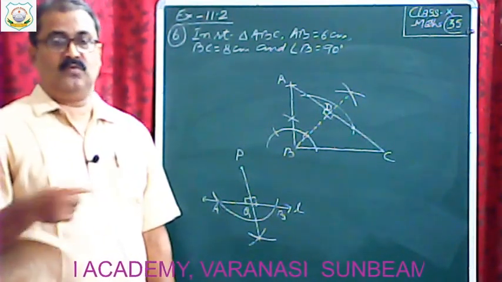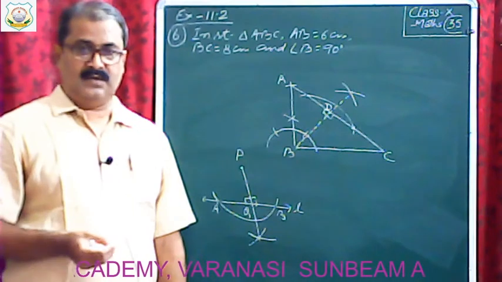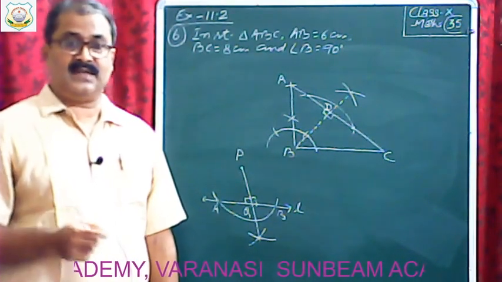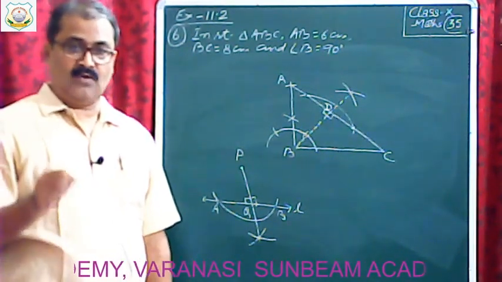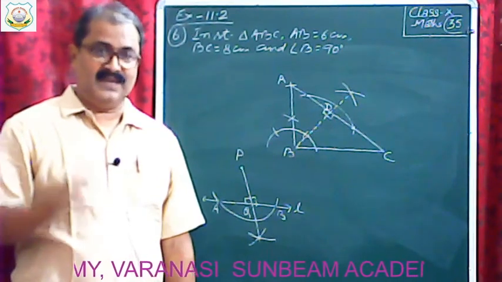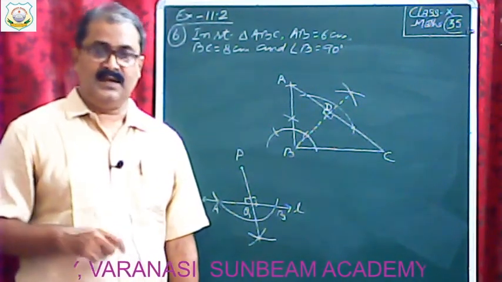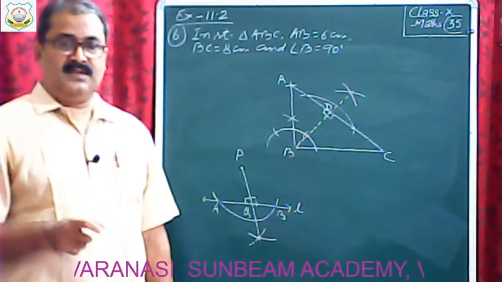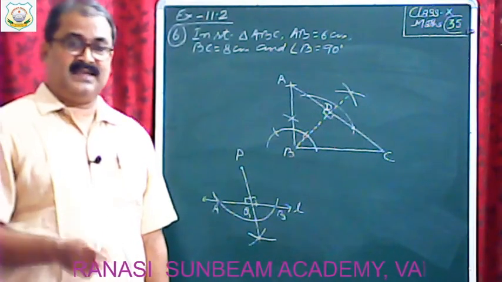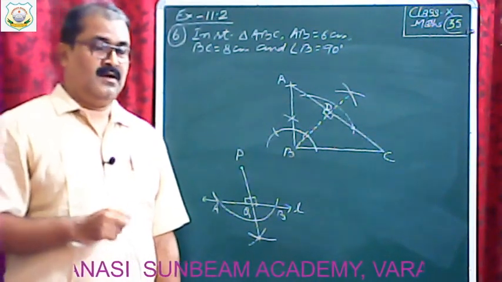If more than two lines have a common point, then the lines are known as concurrent lines, and that common point is known as point of concurrency.